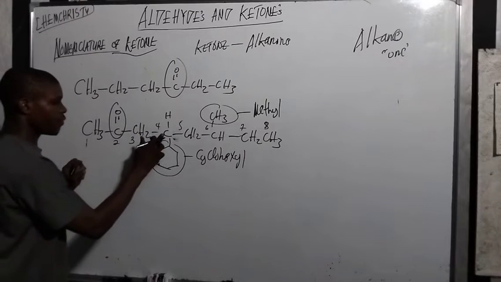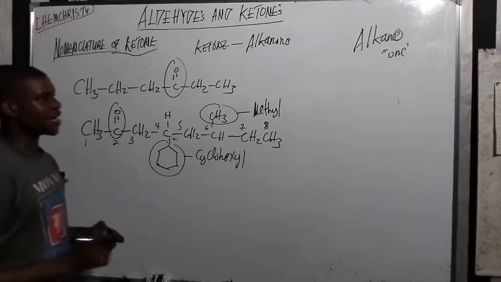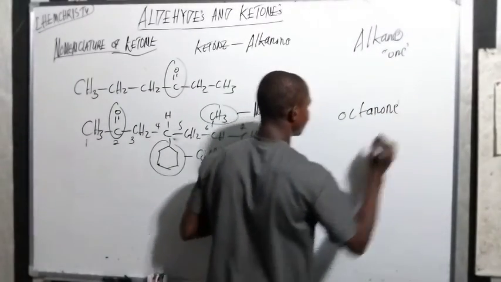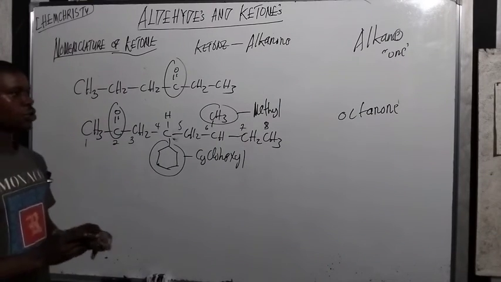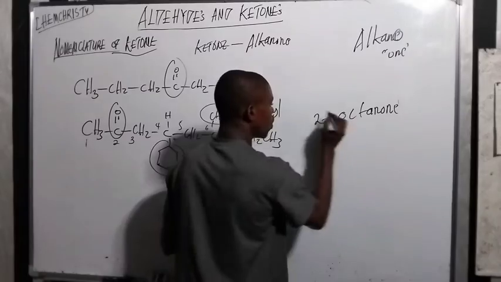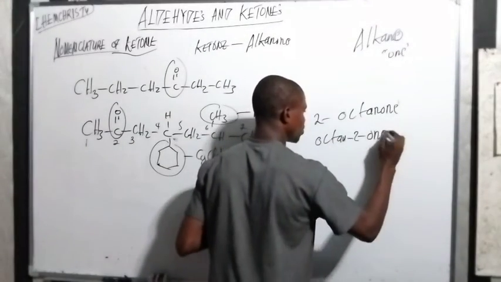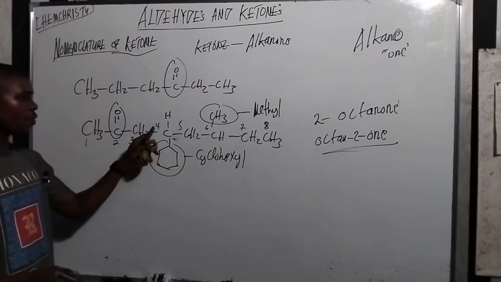So 8 carbon atoms. My parent name is called alkanone. What is the position of the double bond here? I count by 2, so we have 2-octanone or octan-2-one. Do you understand? So I count by 4 and I count by 6.